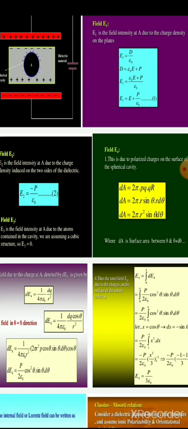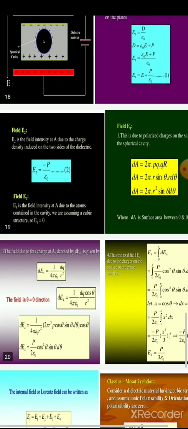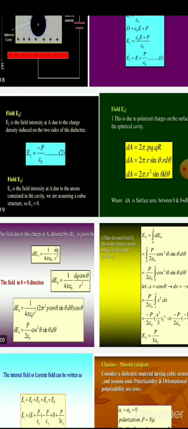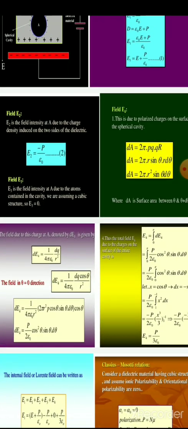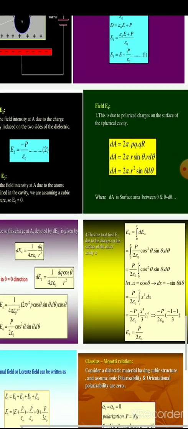Next, on integration, E equals P by 2 epsilon naught, integral from minus 1 to 1 of sin theta cos square theta d theta.